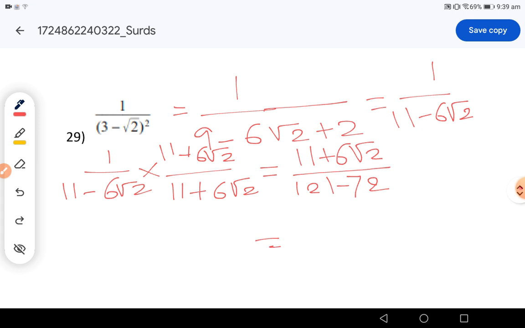So 11 plus 6 root 2 by 121 minus 72 is 49. So this is the final answer.